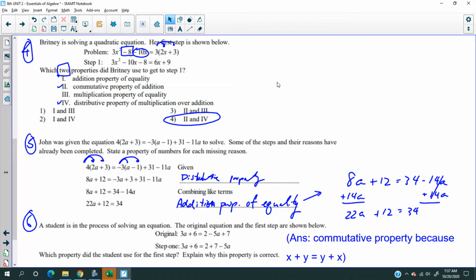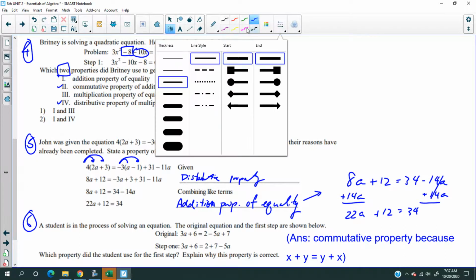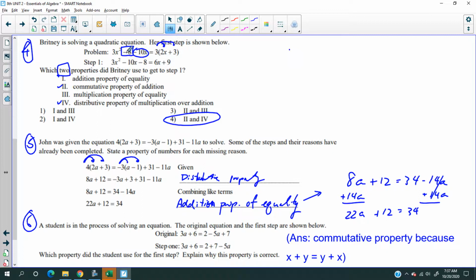Okay. All right, and we're back. Now for number 4, when I was looking at it, I was thinking to myself, the ability to switch this around from here to here, what property does that constitute? It's commutative. Now, some of you might say, well, Mr. Ring, I thought it's only addition, but I think to get out of that conundrum, you can say this. Well, first of all, 2 reasons. One is these aren't even like terms, so you can't combine them, so that way you could switch them around.